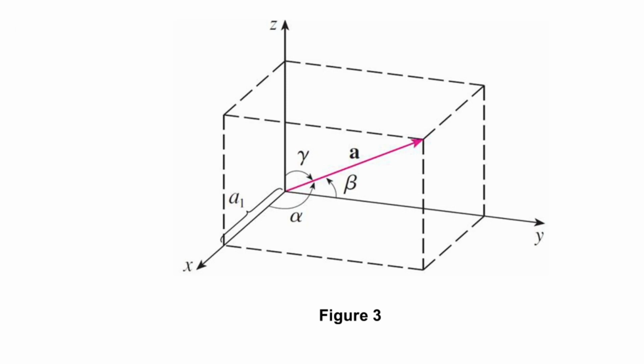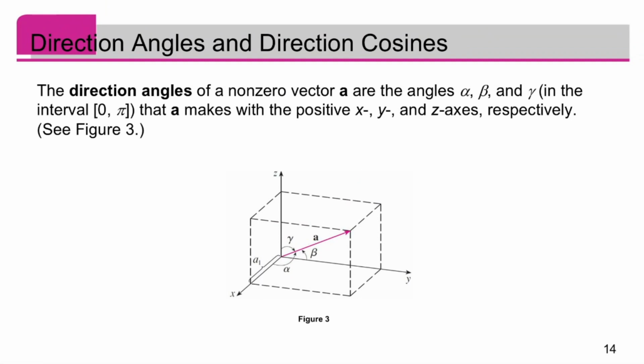Well, it does make angles with the three axes, but the fact that it makes an angle of alpha with the x-axis doesn't give you as much information as you would have in two-dimensional space. And so in order to have some information about this vector, its direction, we're going to use what are called direction angles and direction cosines.